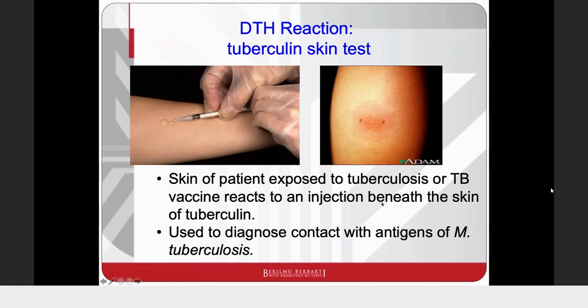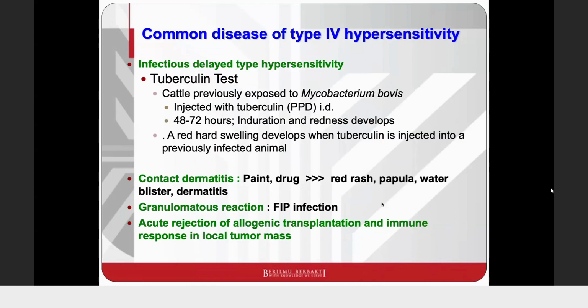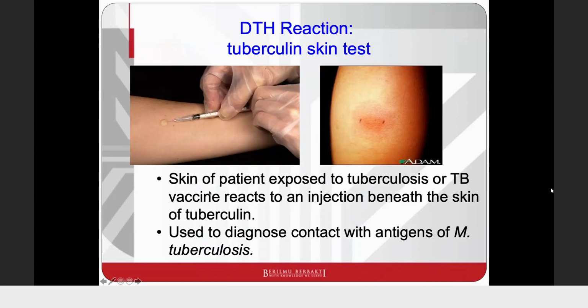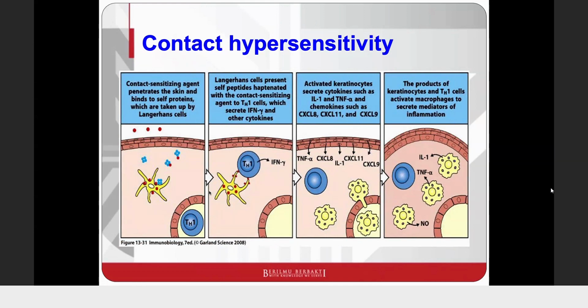And then it is again the same mechanism, only that this one shows the cytokines here, just to give you a broader overview of the effect of the cytokines that are released.